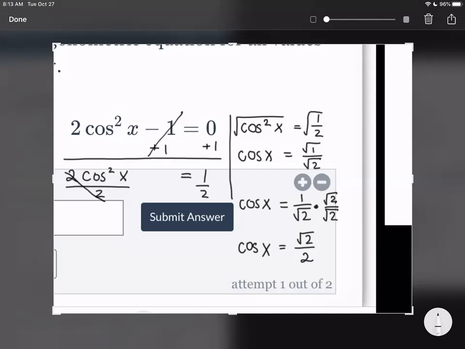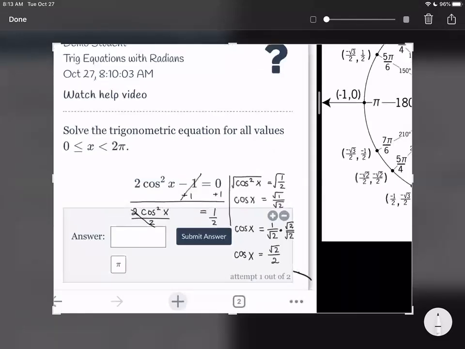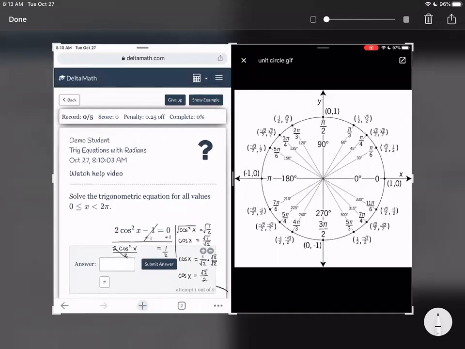Okay, so from here, this is one of the things we can look for on our unit circle. I'm trying to zoom out. There we go. So cosine x is equal to radical 2 over 2. So on the unit circle, remember that cosine is the x value, and sine is the y value.